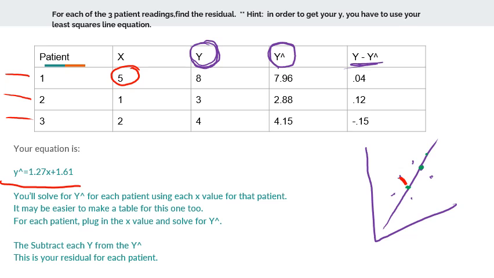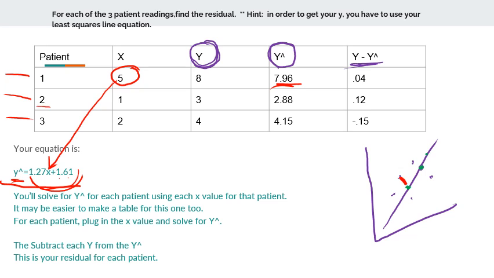You plug that in for x, and then you do your math, which is basically you multiply 5 by 1.27, and then you add 1.61. That will give you y hat, that number. You want to do that for all of them.